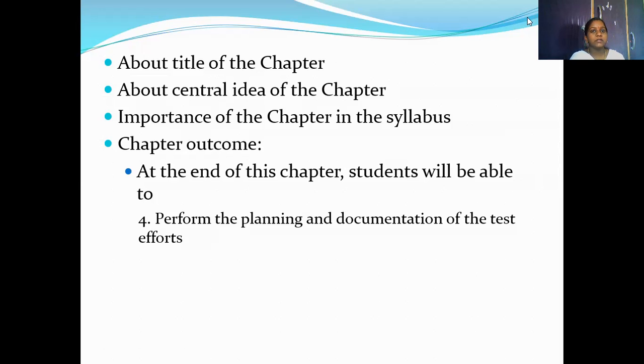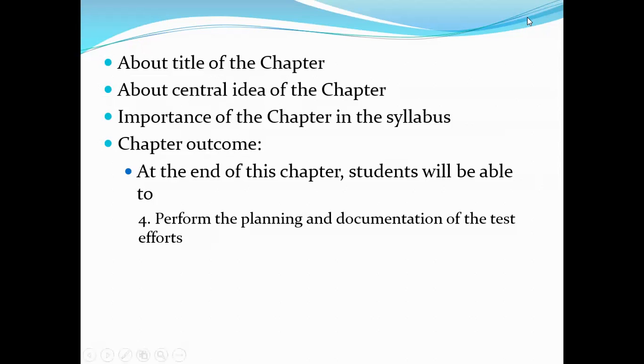Then coming to the next, that is the importance of the chapter in the syllabus. As you are learning about software testing, you must be able to understand the process of documentation, so that it will be helpful for you in future, so that your client will also get the idea about what different types of bugs you have found in the process of that particular software testing.